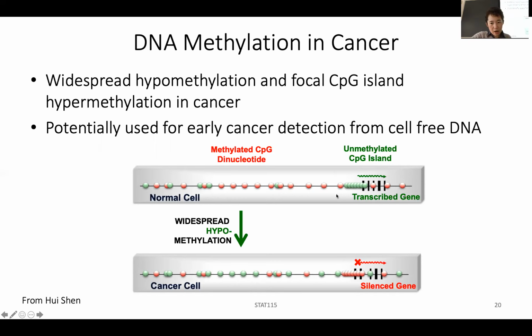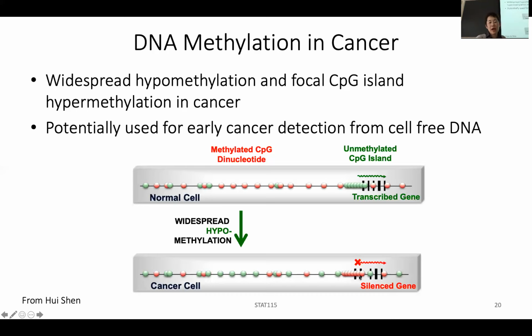In addition, there are some regions that are normally methylated. Those genes need to be suppressed, so in their promoters they are usually methylated. But in the promoters of some genes that are normally unmethylated, where you need the gene to be on, sometimes in cancers they become silent. Then in occasional regions, you see hypermethylation on some focal regions, and so the genes that need to be expressed in the cell are now silent.